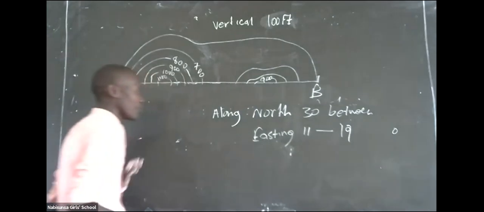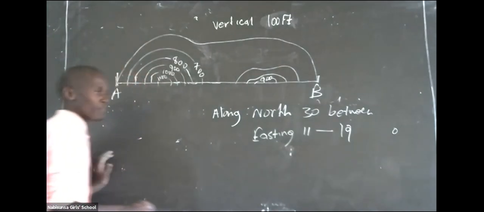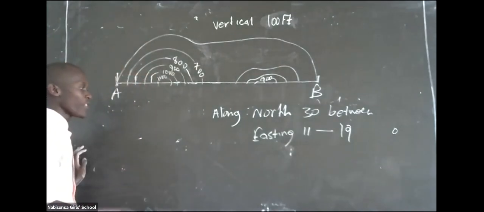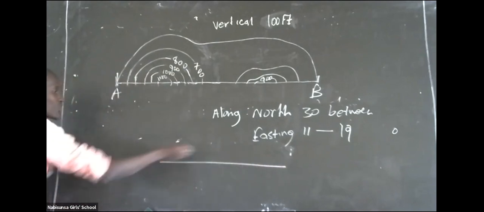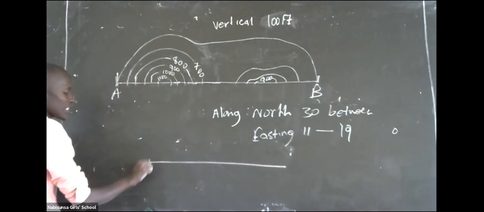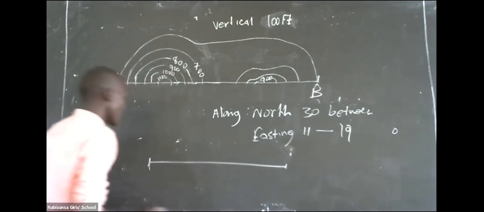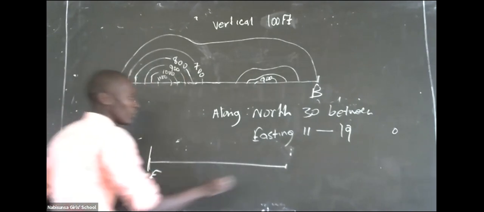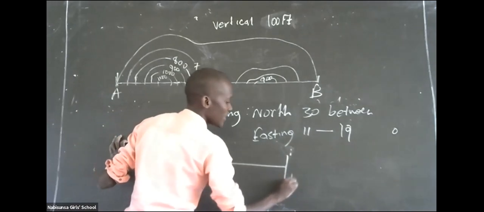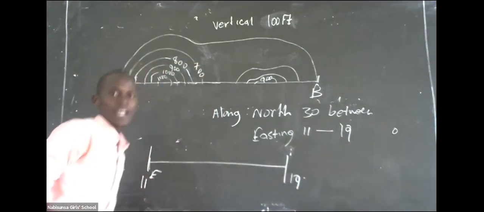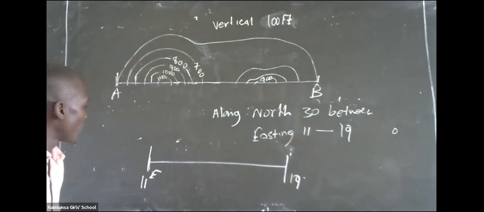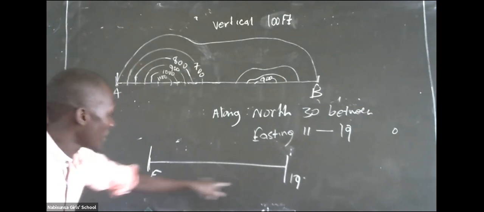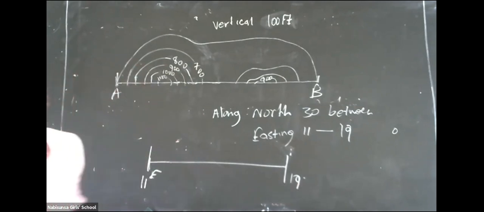So what you need to know is that these northings are lines which increase as you go northwards. They have told us between easting 11 to easting 19. Have you got the idea? The point which was mentioned first is easting 11, then 19. Have you got what I'm trying to say?